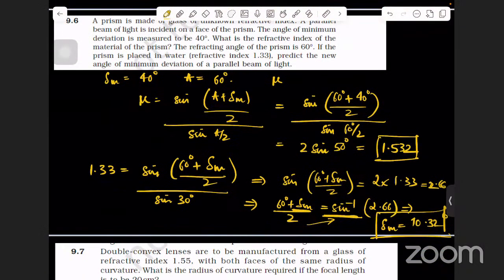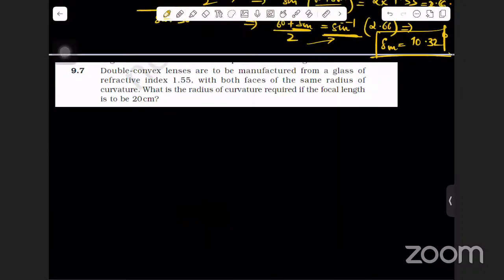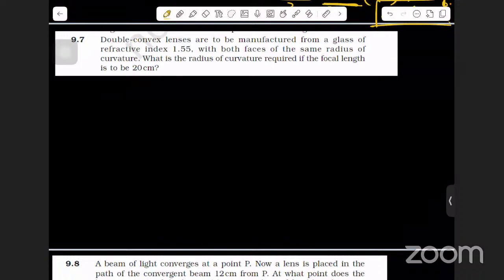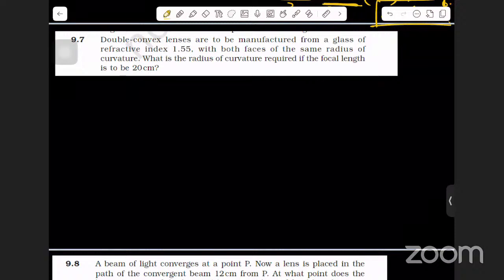So the next question here, it is a simple question actually. Let's read through the question first of all. Double convex lenses are to be manufactured from a glass of refractive index 1.55. All right. With both faces of the same radius of curvature.